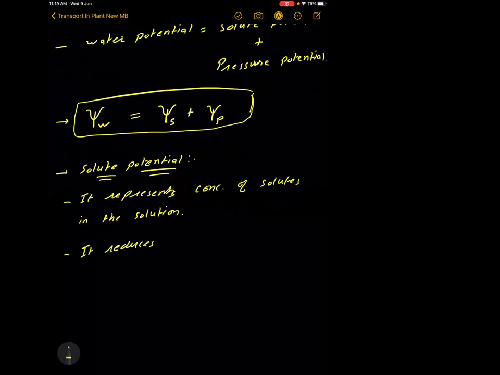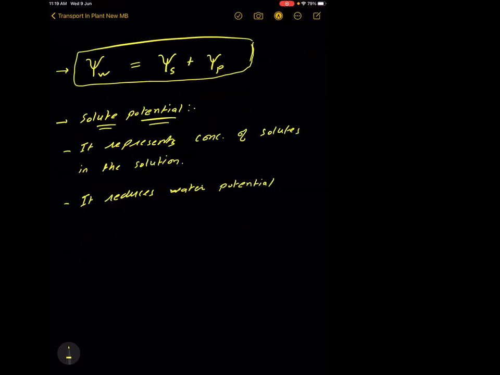It reduces water potential, because more solute means less water potential, more negative you can say. So it always reduces water potential. More solute in the solution means more negative solute potential. This is psi s.